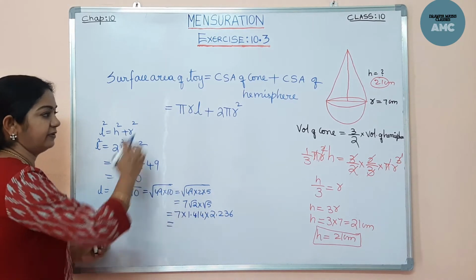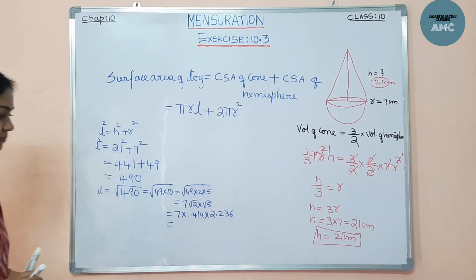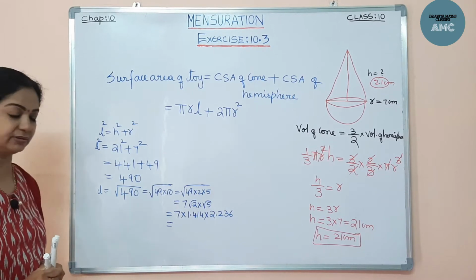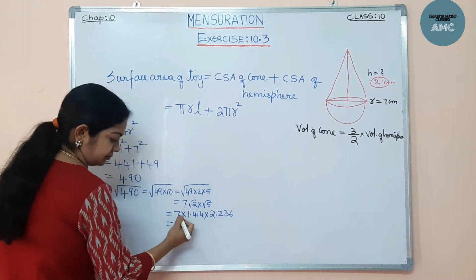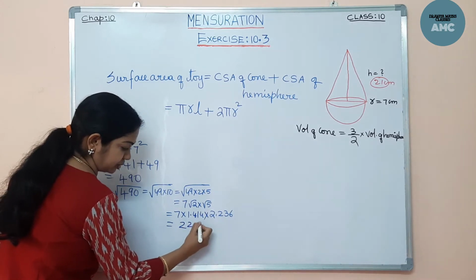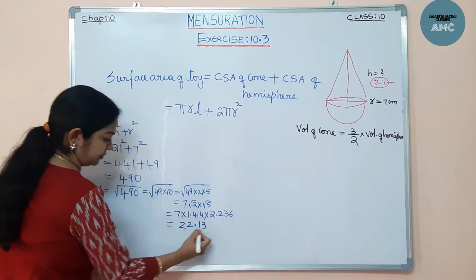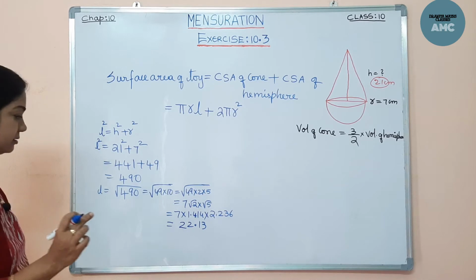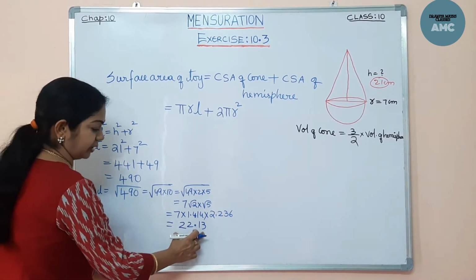I'll erase it and we will continue the problem, because the rough part we can't do here. If you simplify this, you multiply all the three terms, you get 22.13, because we will take only 2 decimals, restricted 22.13 here.